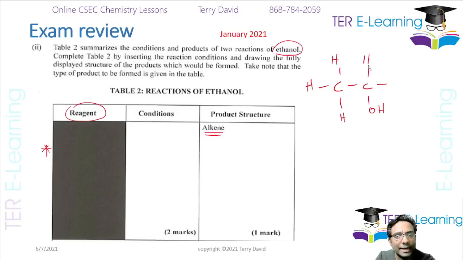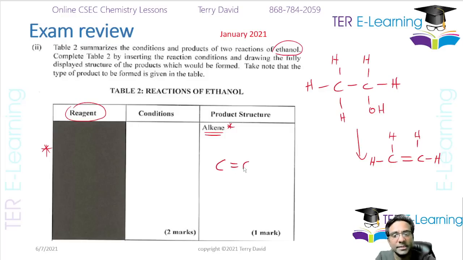But what I'm doing, I am taking this ethanol here and I am converting it. They said you're converting it to an alkene. So what's going to happen, that H and that OH is going to come out. Right? And what you're going to end up with is this compound here. This is the alkene that I'm going to get. Right? It's called ethene. So this here, for 1 mark, is this compound here.